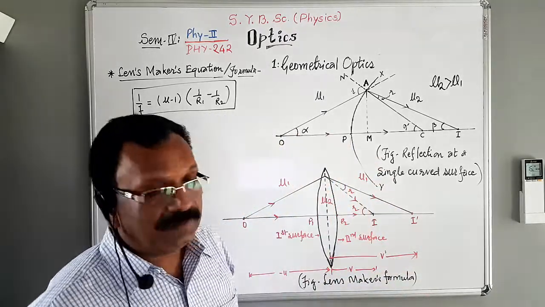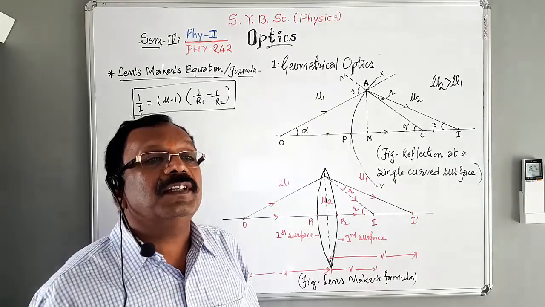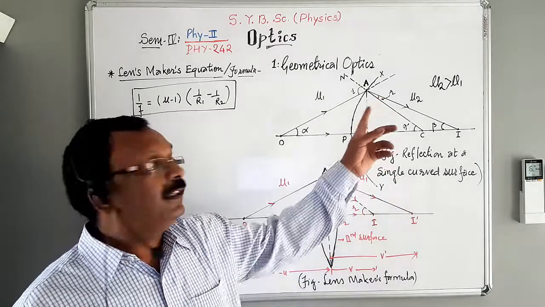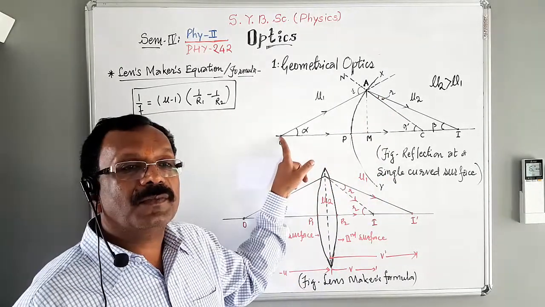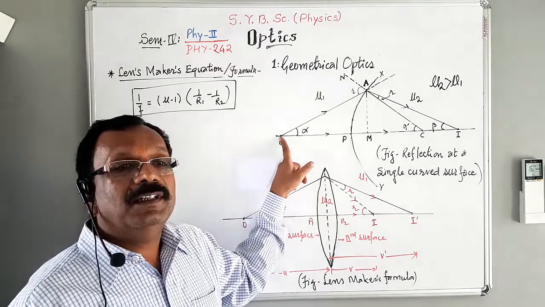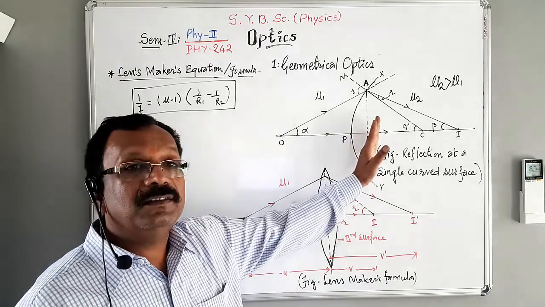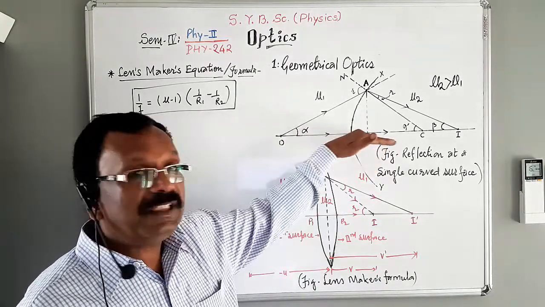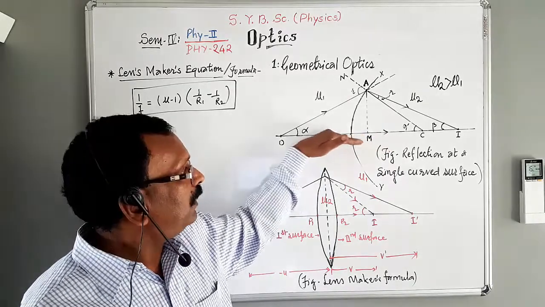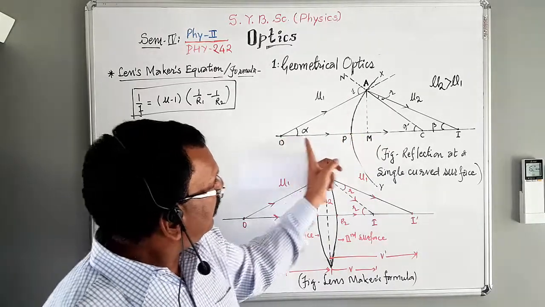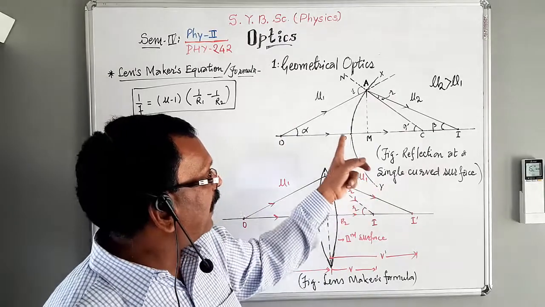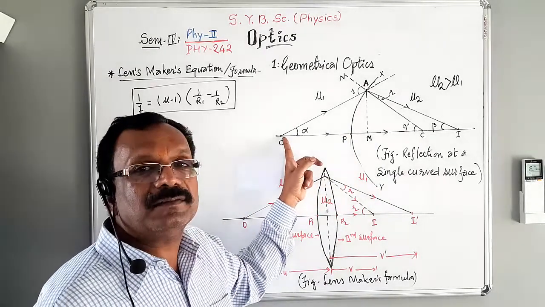So, see here the figure. In this figure, we consider a point object O situated on the principal axis of the curved surface. This is the principal axis of this curved surface, and the point object O is situated here.